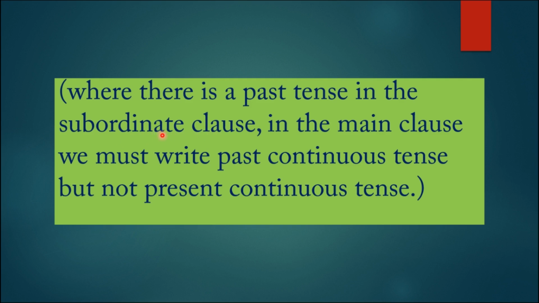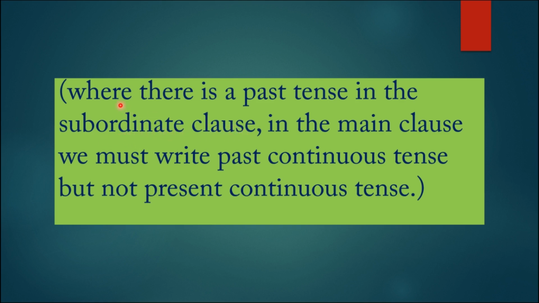It is a clause which depends on another part of the sentence to give complete meaning. I repeat, a clause which depends on another part of the sentence for giving complete meaning is called a subordinate clause.